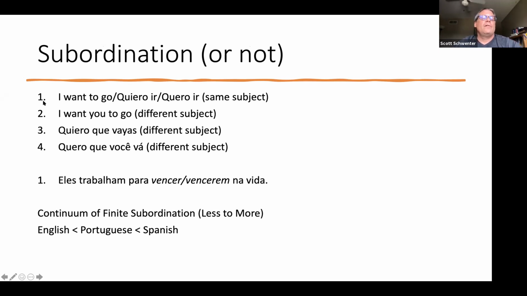So first of all, if you look at something like number one, in English, we say, I want to go. In Spanish, we say, quiero ir. In Portuguese, we say, quero ir. And here it's the same subject. The person who wants and the person who's going to go is the same, right?